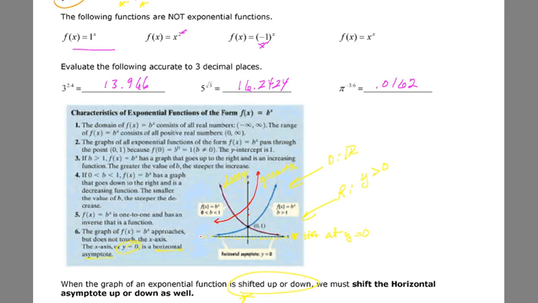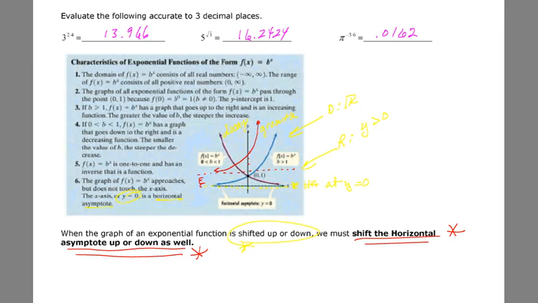But the horizontal asymptote has to be shifted up 3 units as well. So instead of the horizontal asymptote being at 0, it's now up at 3. Important thing, you have to shift the horizontal asymptote up or down when there's a shift up or down indicated in the function. Lots of students forget that. Shift that horizontal asymptote.